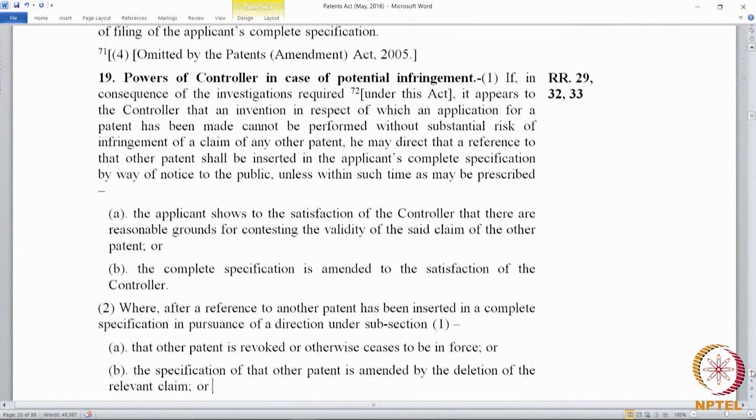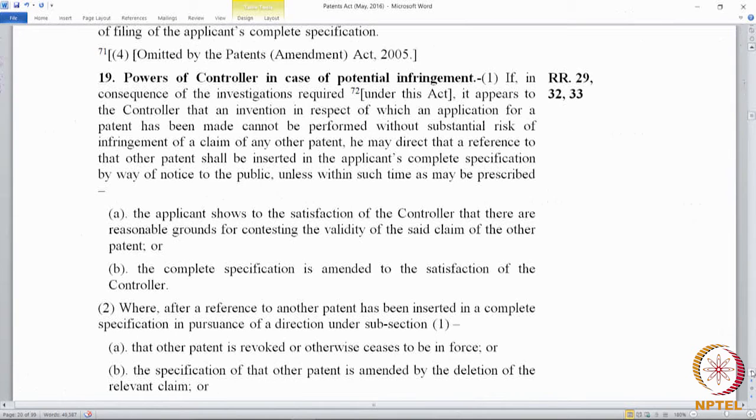The controller feels that if this application is granted, it will infringe another patent which is already there. So, in such cases, because the controller is not deciding infringement based on a granted patent, he is not comparing the act of an infringer with a granted patent. That is not the endeavor here.